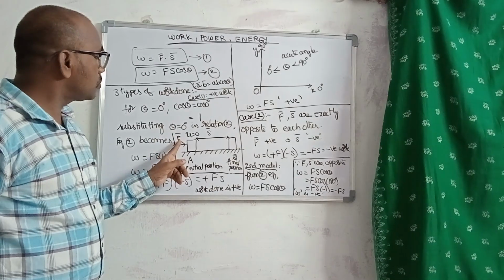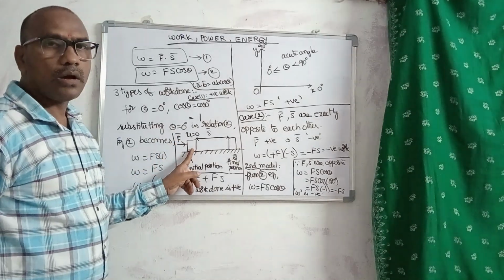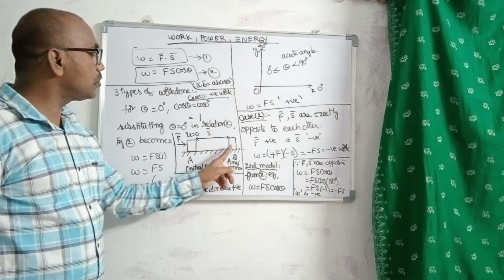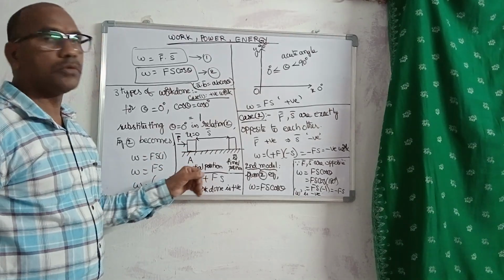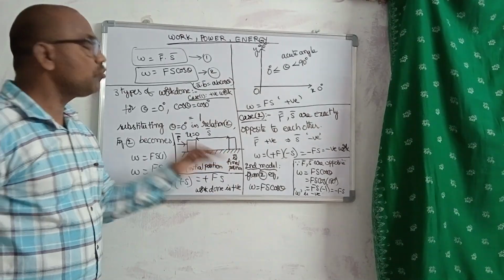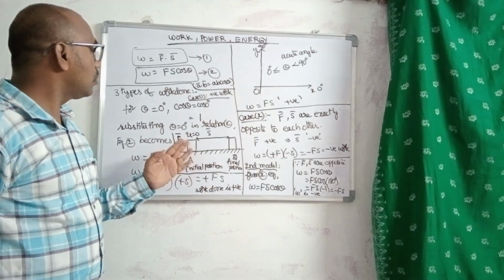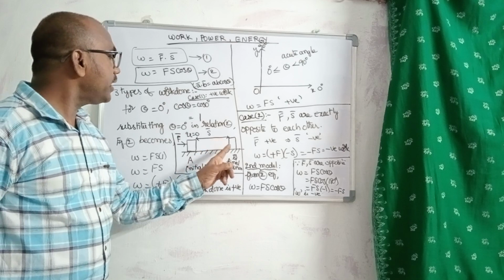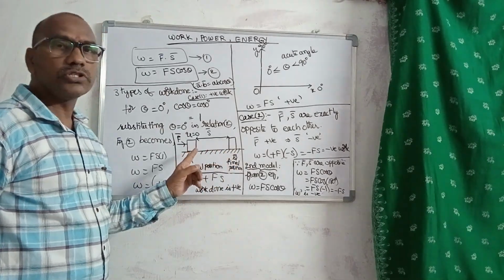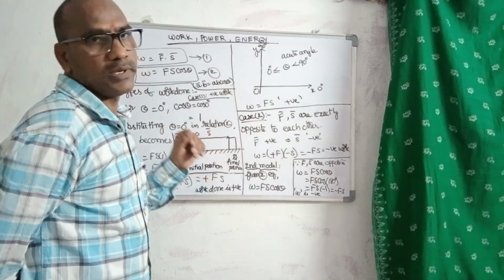Due to the force, the position of the block changes from position A to position B. A is called the initial position, B is called the final position. According to the definition of displacement, final position minus initial position gives the displacement.